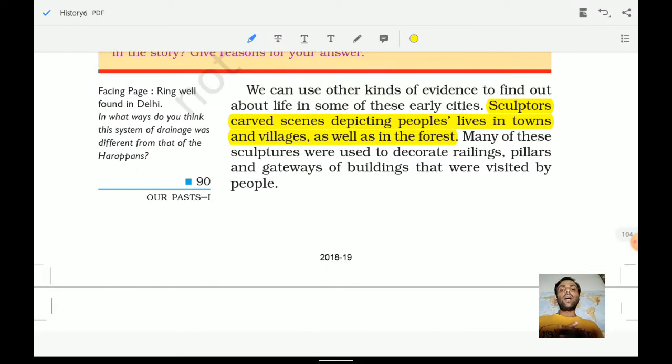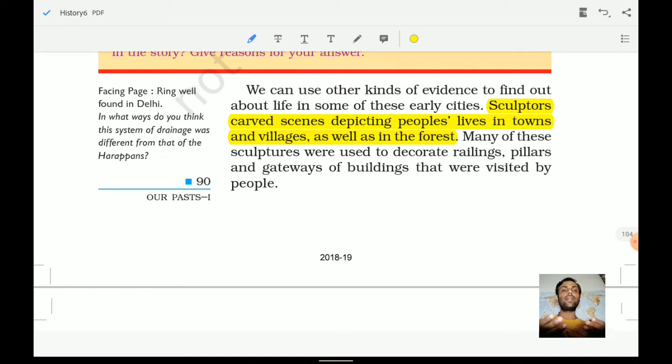The sculptures carved scenes depicting the people's life in the towns and villages as well as in the forest. Whatever activities of the people they were looking at, whatever was happening in the village or the surrounding areas, they were trying to copy in their work. The similar thing was also happening in the forest. The Jataka stories also narrate the same kind of things.